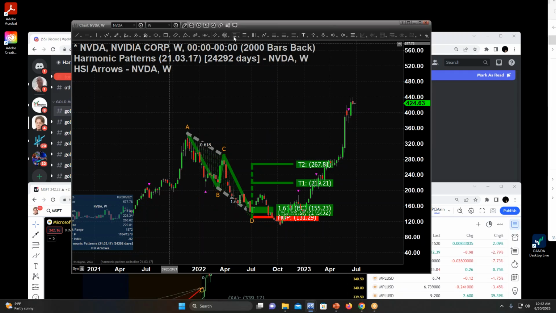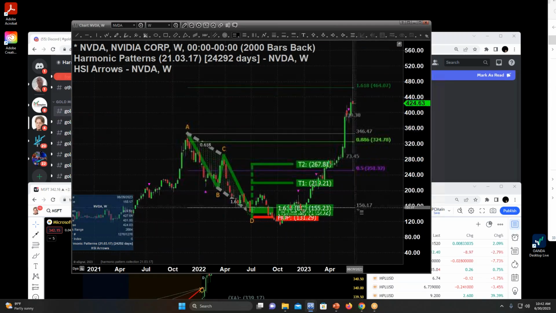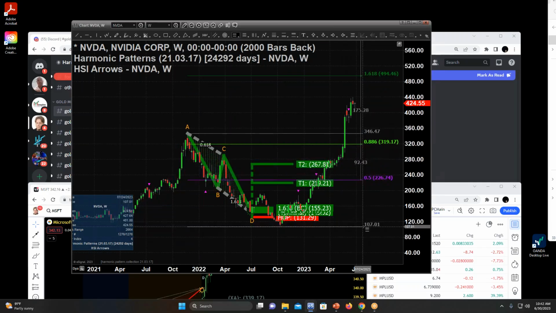Target on NVIDIA, just to let you know, the longer term target, and this is why I want to discuss the monthly and quarterly option strategies. What kind of options could we buy here on longer term to capture that move, which I think we go to 500. 493 is the 1618 on NVIDIA.